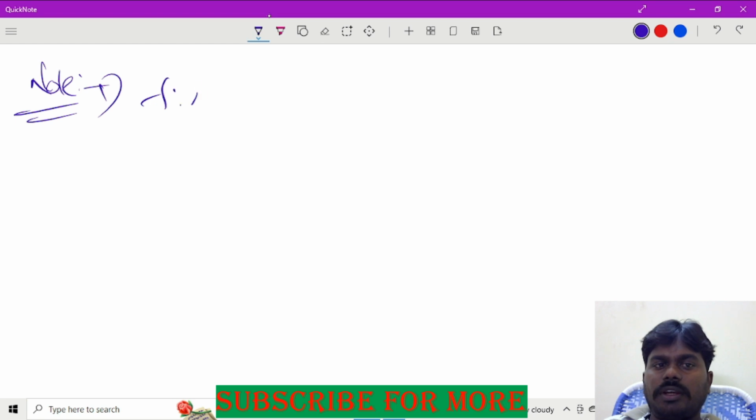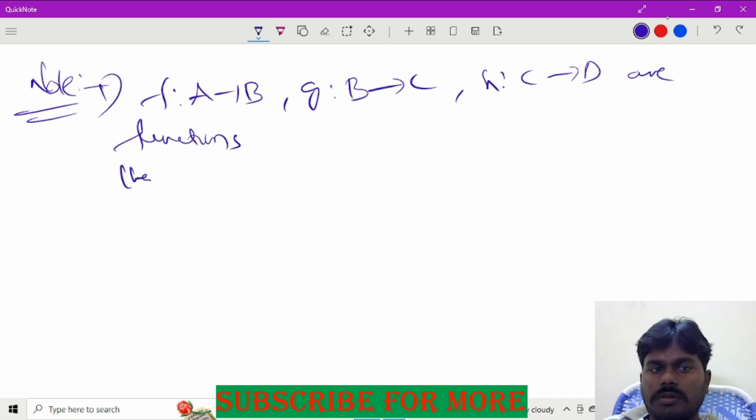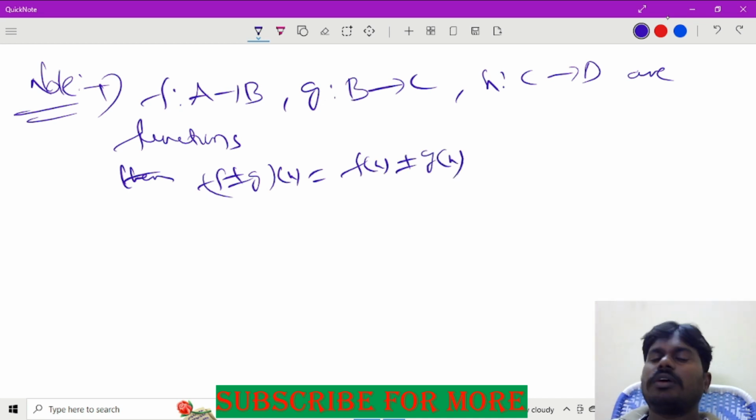When f from A to B, g from B to C, and h from, suppose, C to D are functions, then (f plus or minus g)(x) is equal to f(x) plus or minus g(x). This means algebraic functions are also possible.